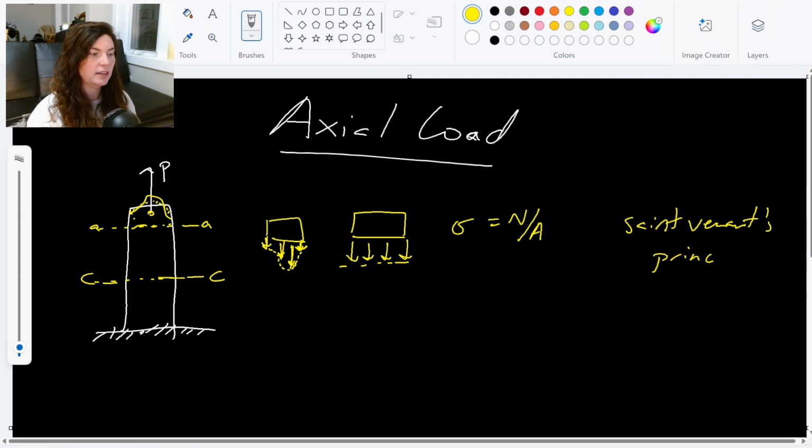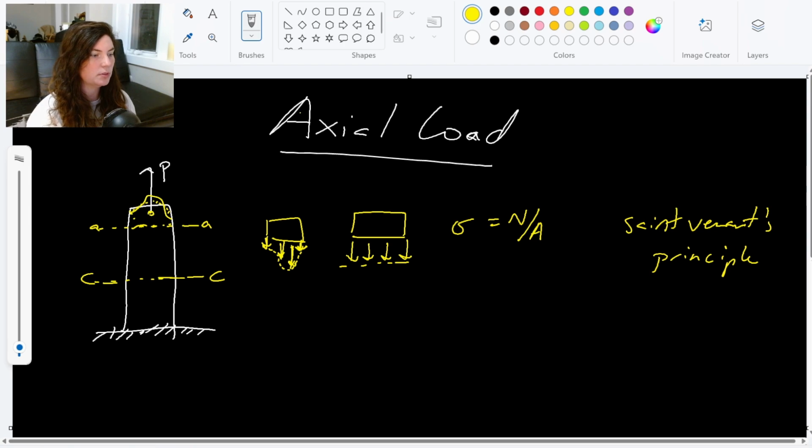Really all this is telling us is, hey, don't take a cross section really close to your load. You want to be at least one cross-sectional distance away, one width away from where that load is being applied. So I didn't finish this word, principle.